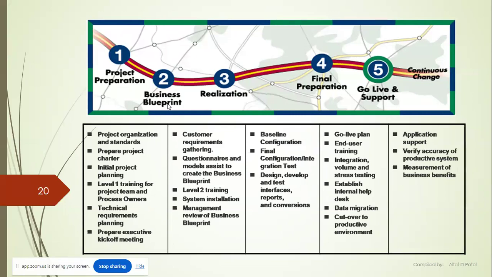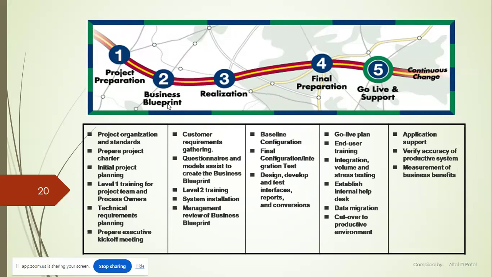Then you build the process end to end. All the processes are developed in the test system, and in the realization phase you show it to the user and get an approval. Then you do the final preparation and go live.